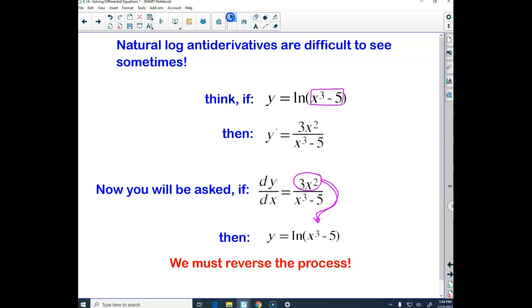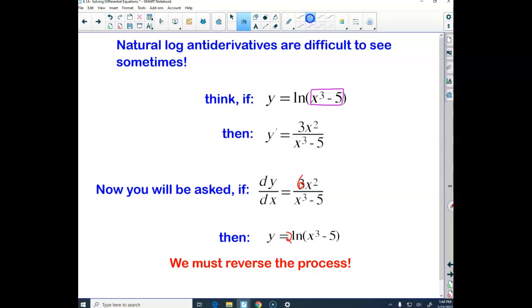And what do you mean by multiply by a constant to make things work out? Well, here's what I mean. You might not understand this right away, but if this were a 6x squared on the top, well, then that's going to be a 2 out in front of the log, because it would have been 2 times the derivative of that log to get that 6x squared on the top.